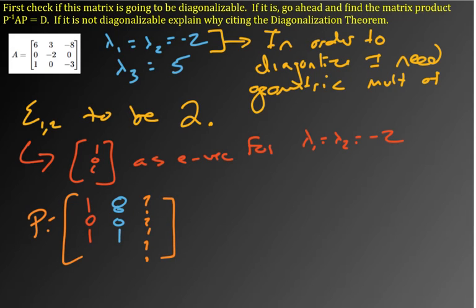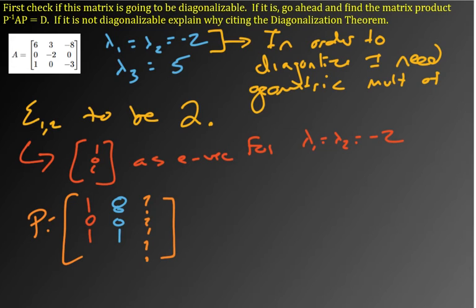And so this is a case where the geometric multiplicity of this space, the dimension of the eigenspace for this eigenvalue, is 1. 1 is not 2. And so you can't diagonalize this thing.